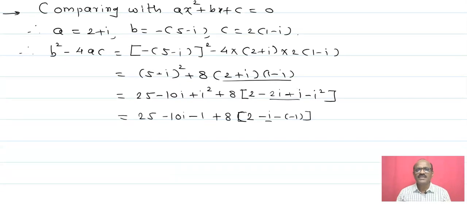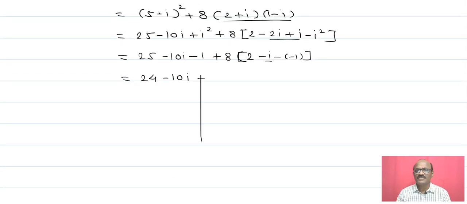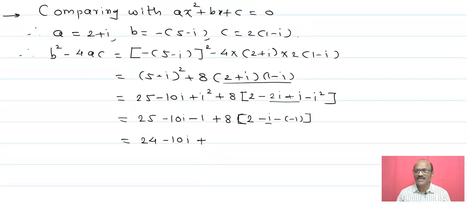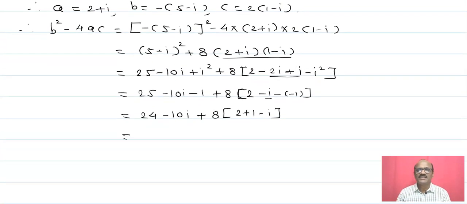I had written there the sign, that is plus 8, but there is a sign that is minus. I will change it shortly. Now see this, that is 5 minus i bracket square. Now we will simplify this.